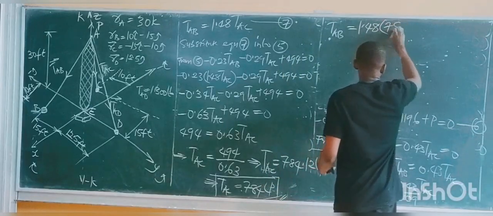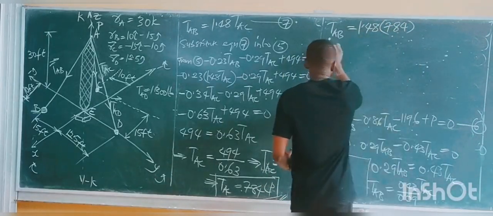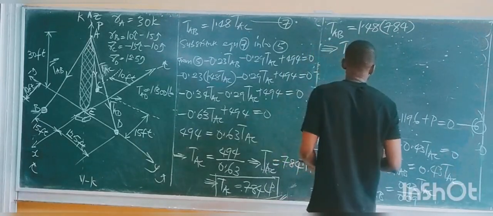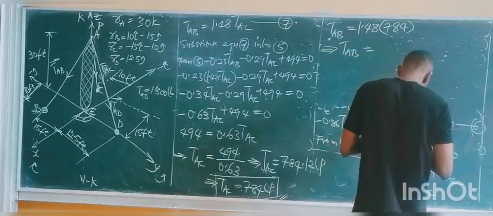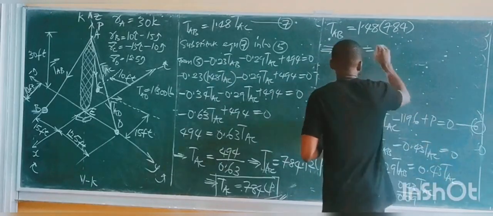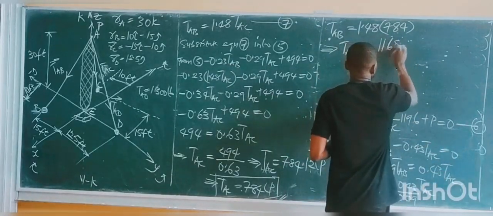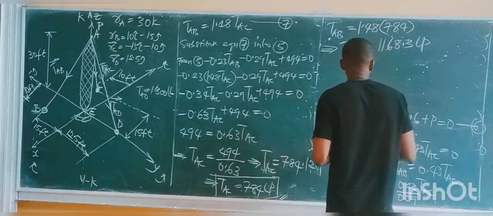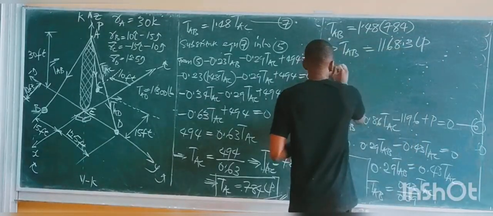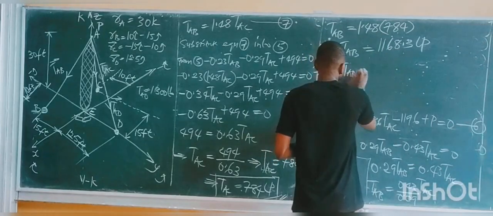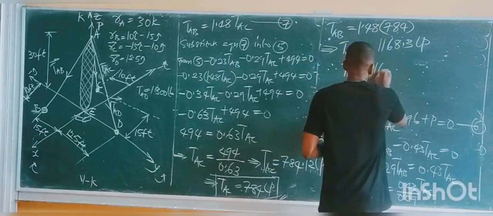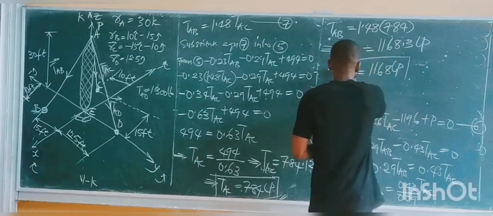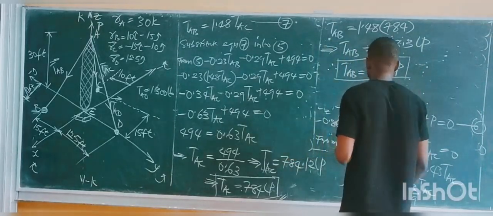So 1.48 times 784 gives us the value of the tension in cable AB, which is 1168.3 pounds. So we can approximate the tension in cable AB to be 1168 pounds.